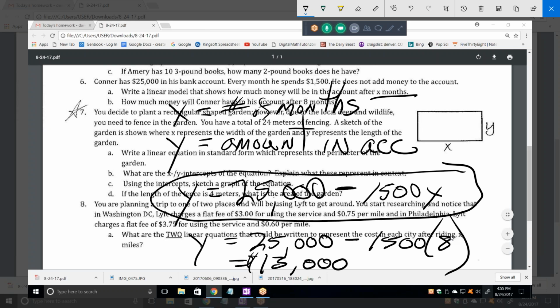At the end of 20 months, he would be below zero. So the effective domain on X is somewhere between 0 and probably 18 without doing the math. But you can see that it's not going to take that long for him to completely drain that bank account at $1,500 a month.